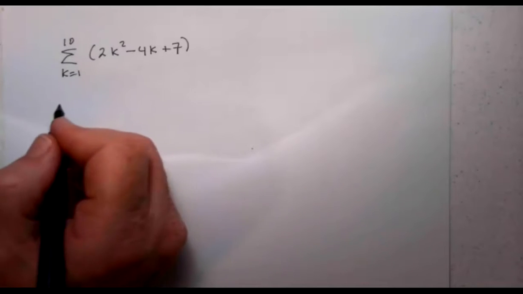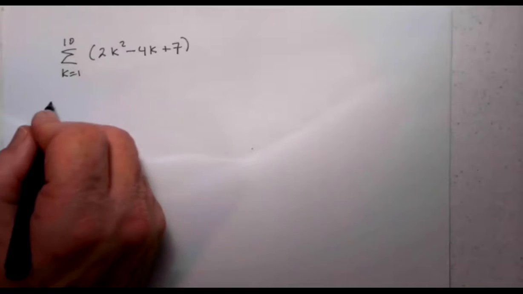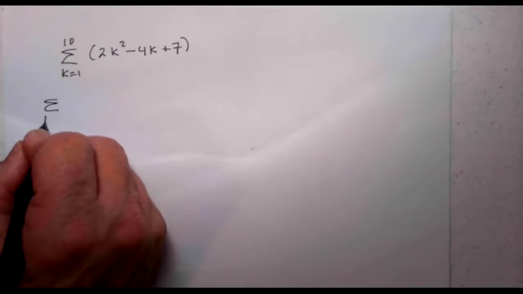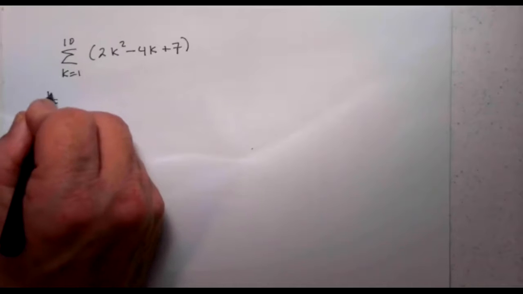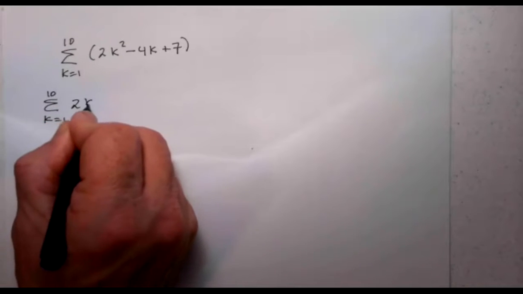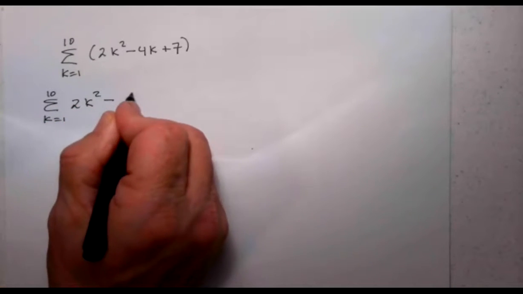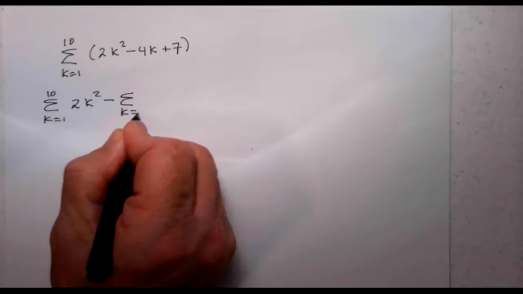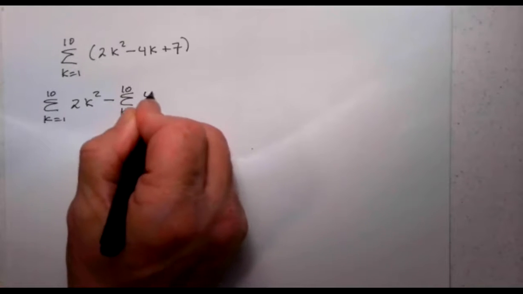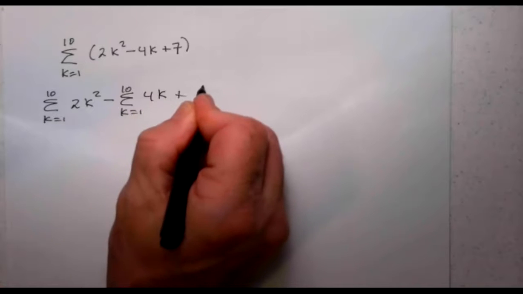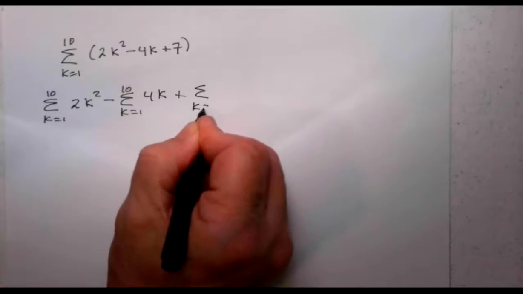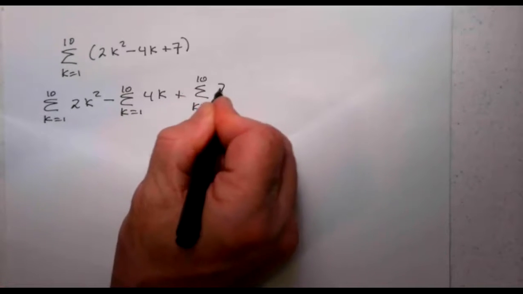So our next example is the sum as k goes from 1 to 10 of 2k squared minus 4k plus 7. We're going to break this up into 3 sums. Sum as k goes from 1 to 10 of 2k squared minus sum as k goes from 1 to 10 of 4k plus the sum as k goes from 1 to 10 of 7.